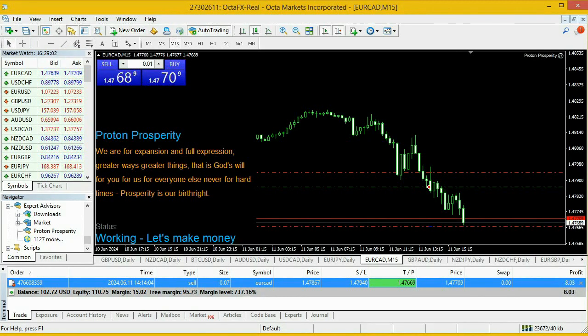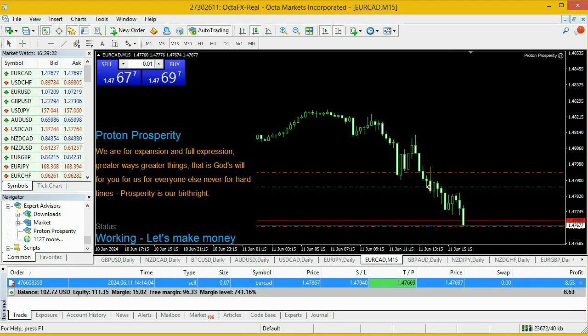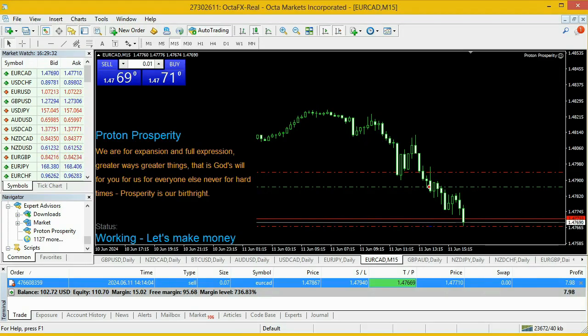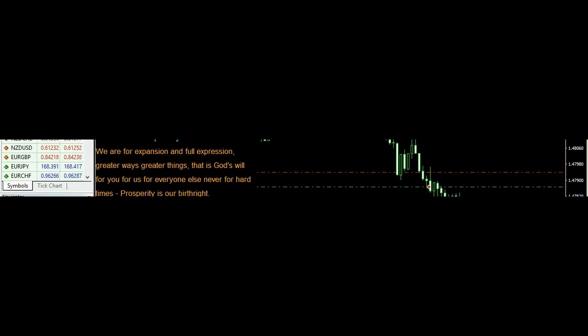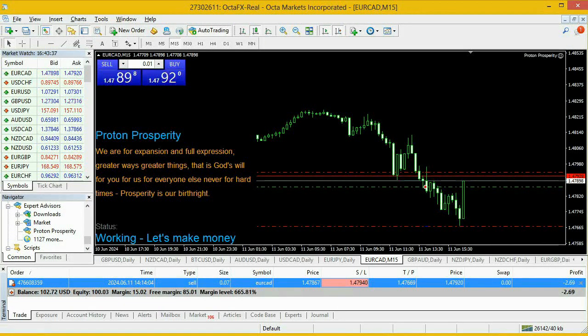Almost there. But then price quickly retraces back upwards, and almost triggers our stop loss.